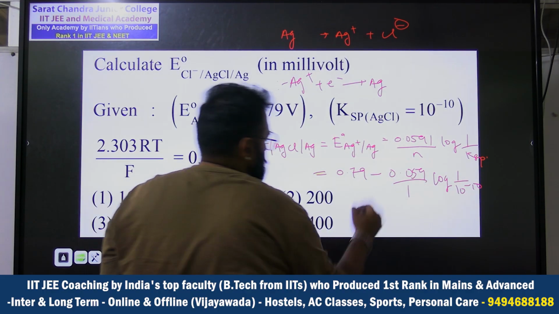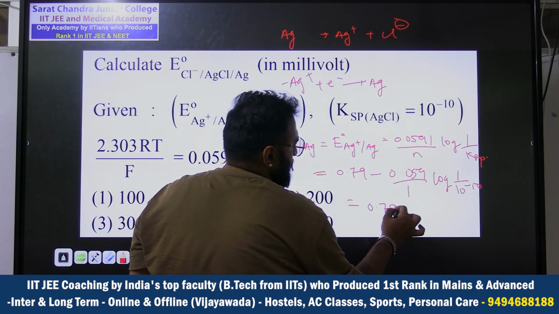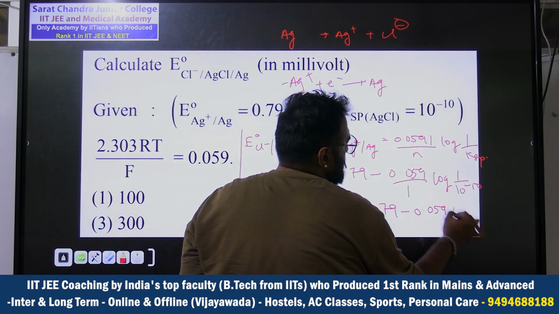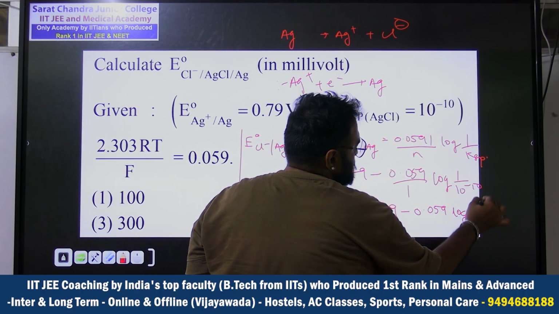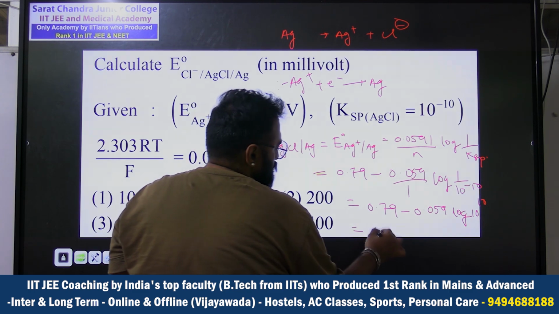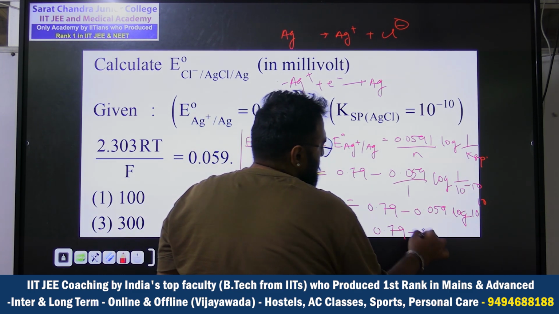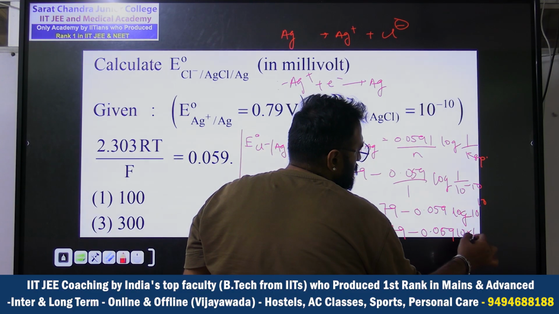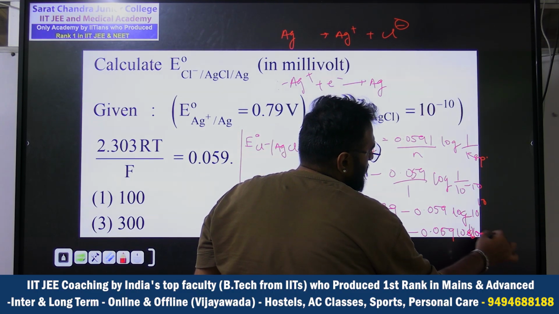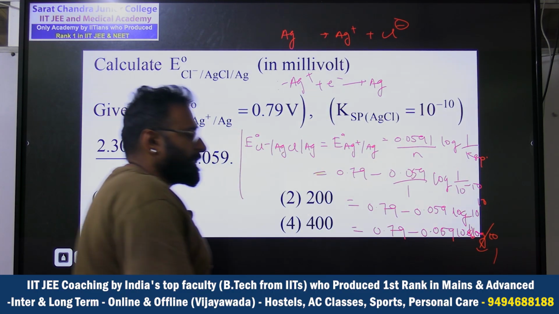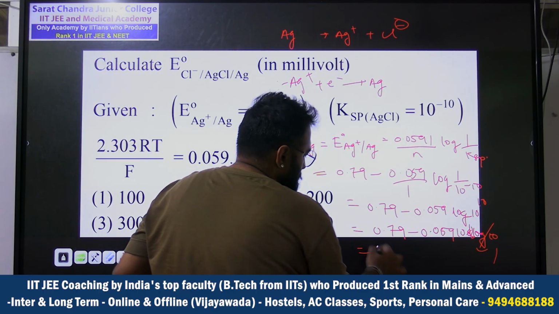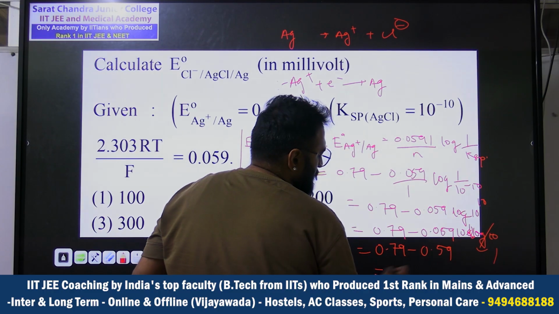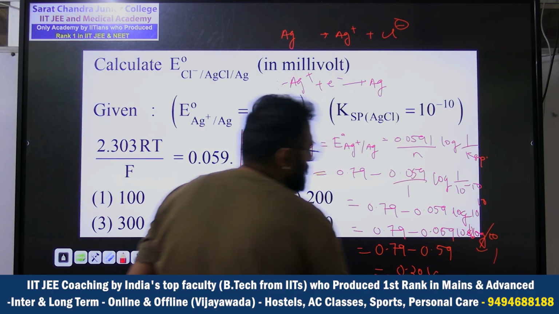So 0.79 minus 0.059 log 10 raised to power 10. Log 10 is 1. So this will be 0.79 minus 0.59, so 0.2 volt.